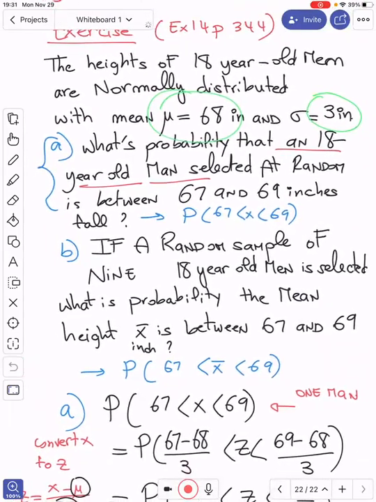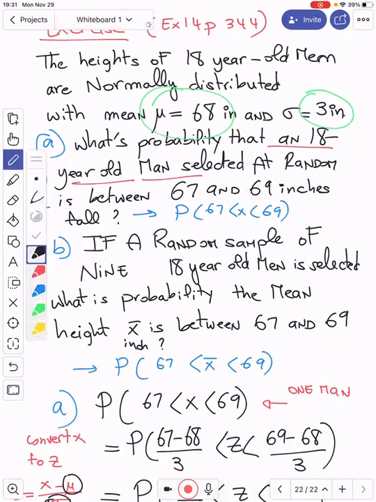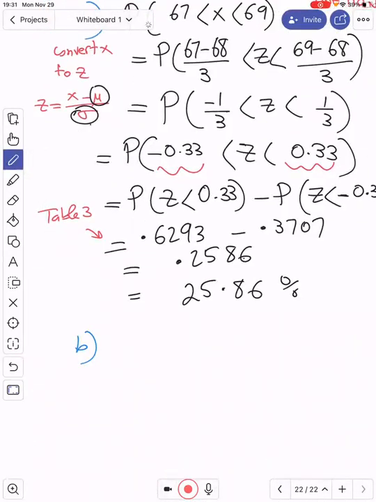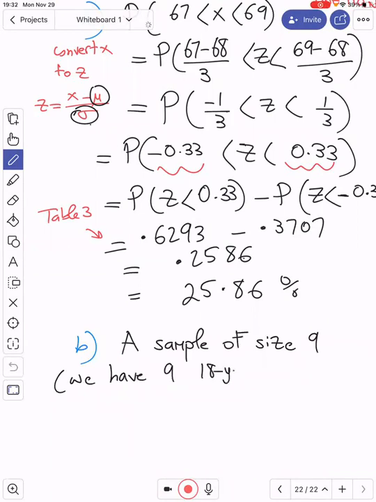So the size of the sample in B is 9, because as you can see, we have 9 18-year-old men. So n is 9.